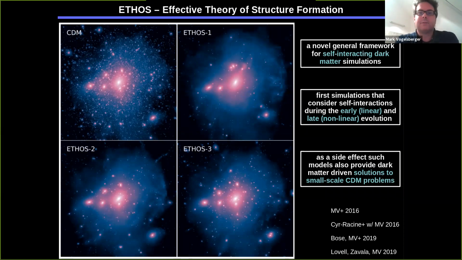So what is that? ETHOS is not only a set of simulations, it's actually a whole framework that has been developed by Francis-Yan Cyr-Racine, Jesús Zavala, and a couple of others. The idea is that you take a fundamental dark matter model, just a particle physics model, and map it to an effective structure formation model, described by only two things: first, the initial transfer function, and second, the self-interactions between dark matter particles.